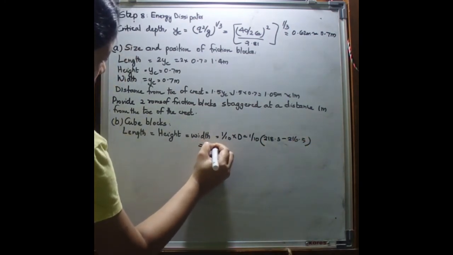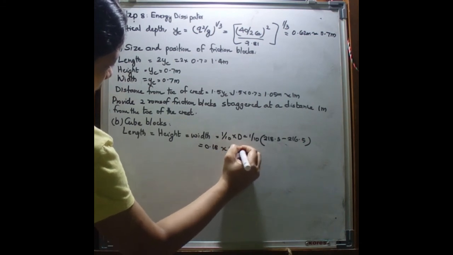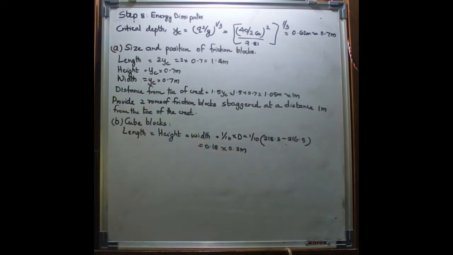We will get 0.18, which is rounded off to 0.2 meter.